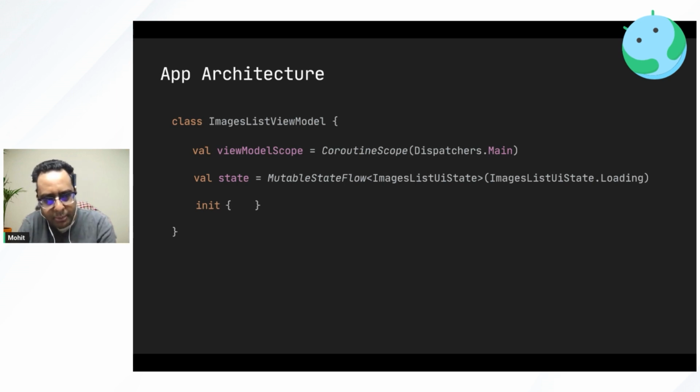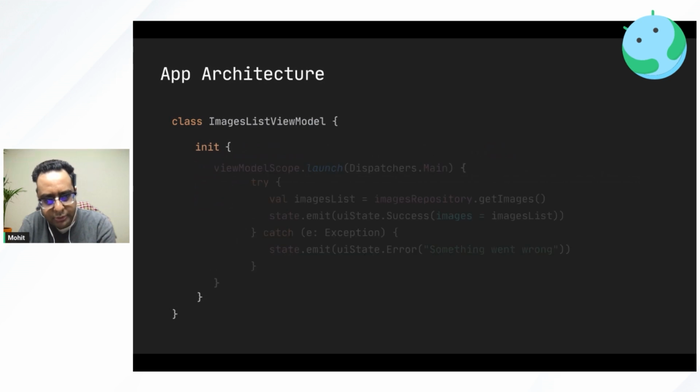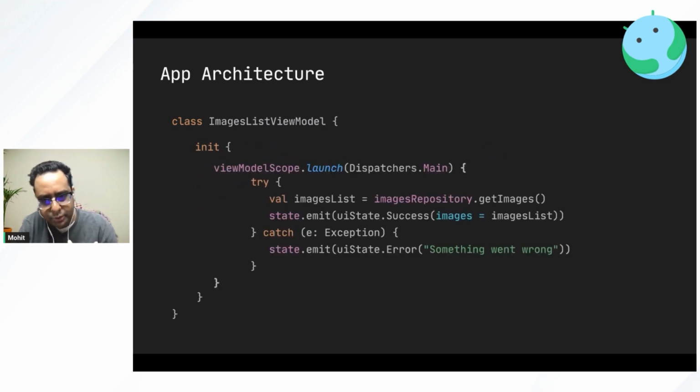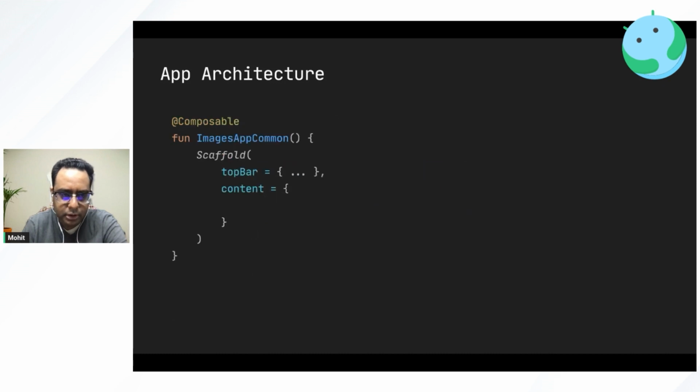Then I have an init method which communicates with some repository to get me images. You could use Ktor, for example, to implement that repository to interact with an API client. The downside with this approach is that since I declared my own scope, I need to manage canceling it and its lifecycle.